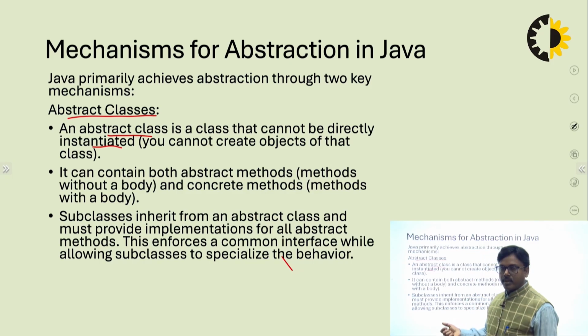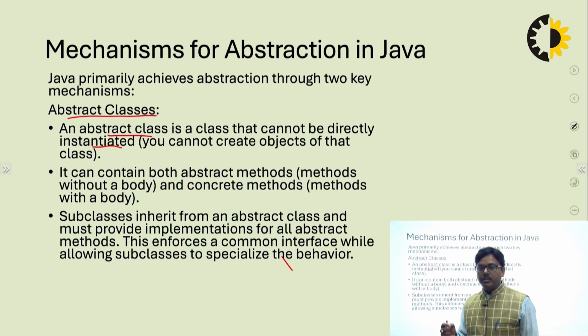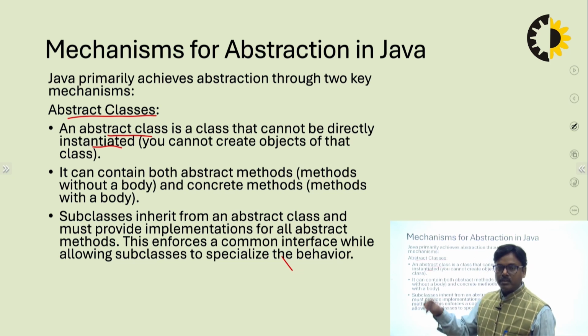But in the case of a concrete method, we give the parameters, along with what the method will do, what that function will perform, what kind of input and output it will perform. All those things will be mentioned in that particular method body. That's why that method is treated as a concrete method.